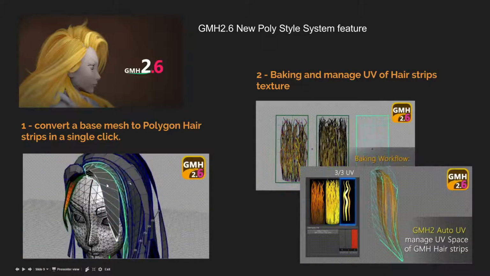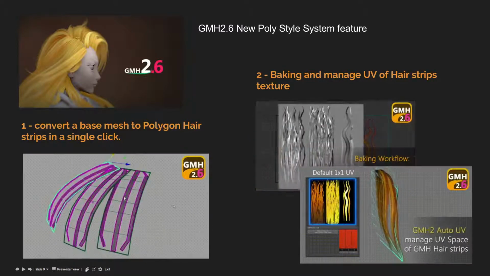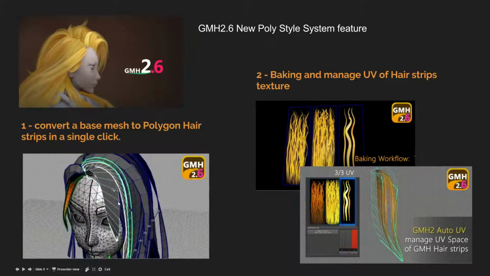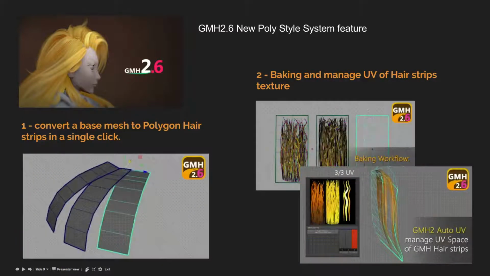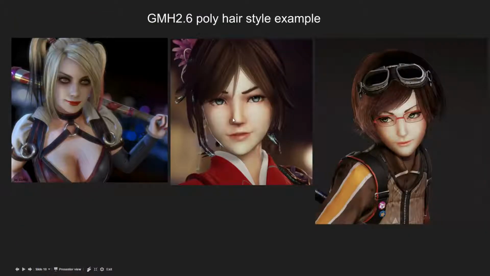It can convert a polygon hair base mesh into many polygon hair strips. This is what we can achieve with GMH2. These are example images from some of the users already.